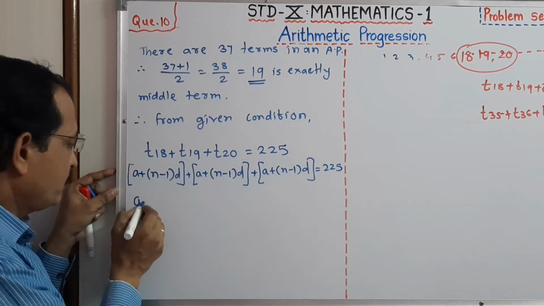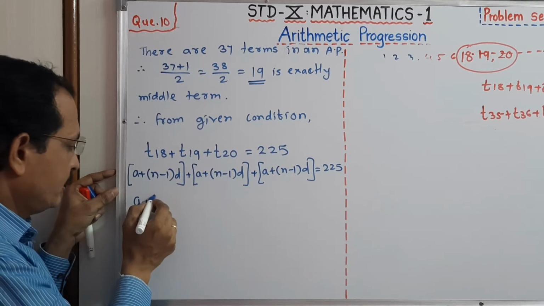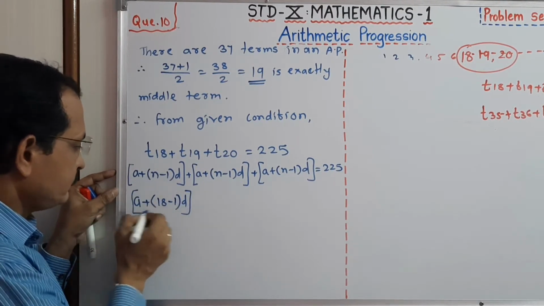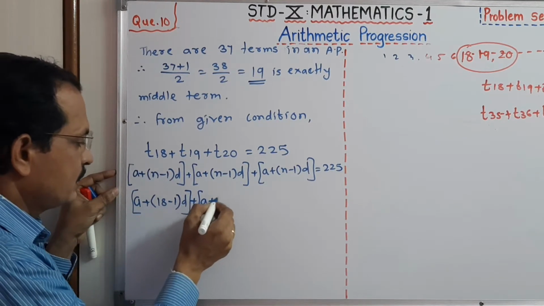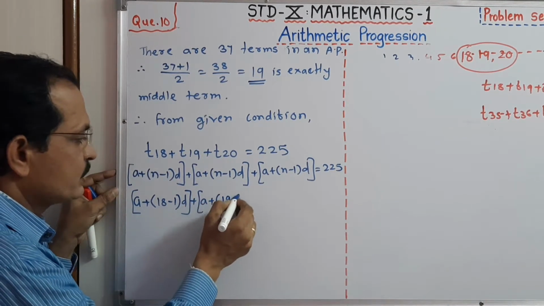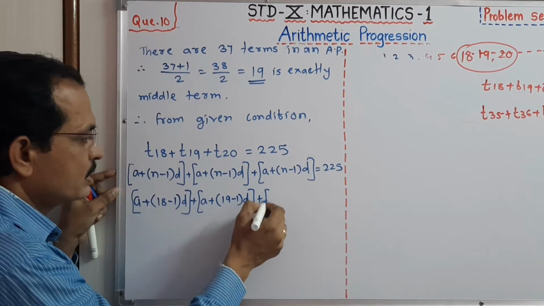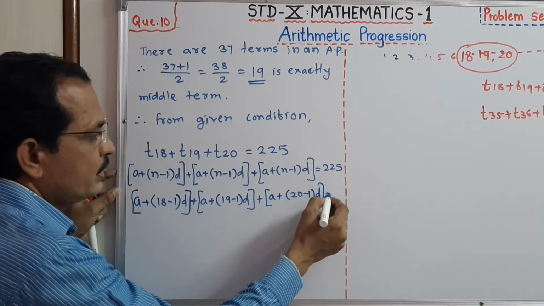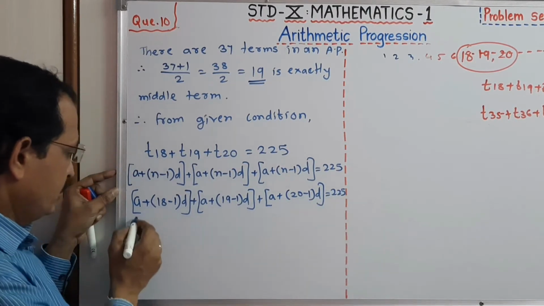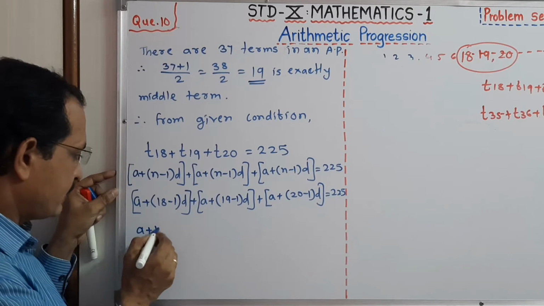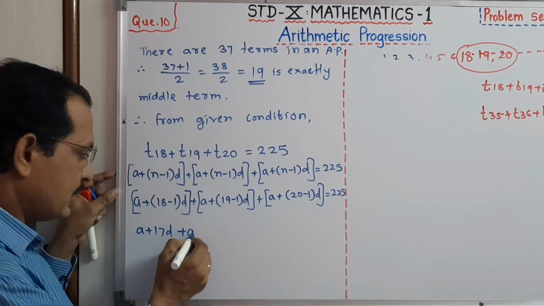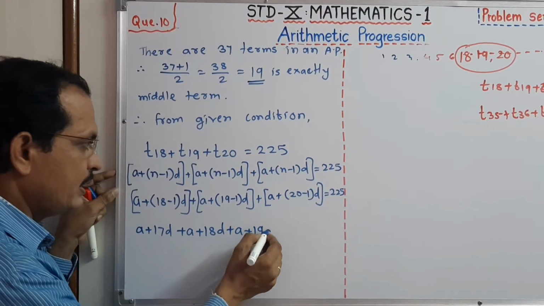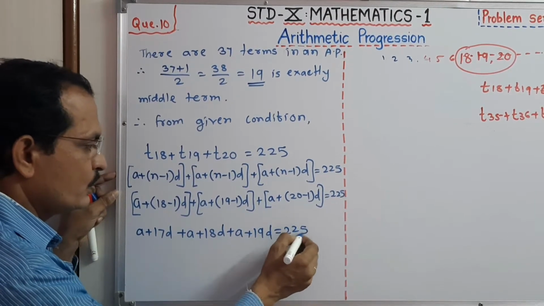Now a plus 18 minus 1 into d plus a plus 19 minus 1 into d plus a plus 20 minus 1 into d is equal to 225. Now this is a plus 17d plus a plus 18d plus a plus 19d is equal to 225.